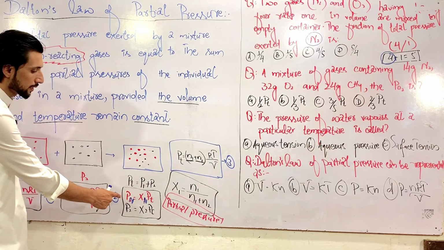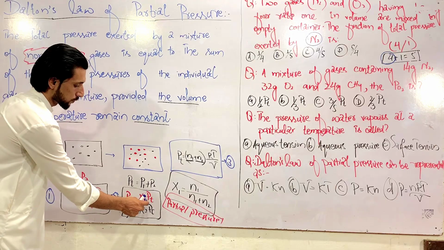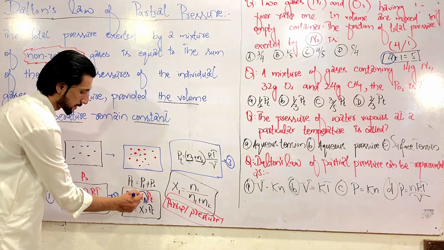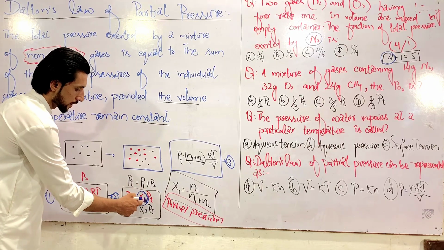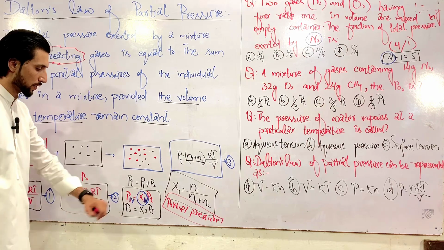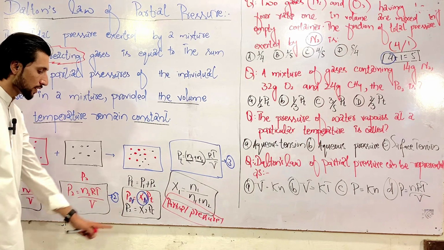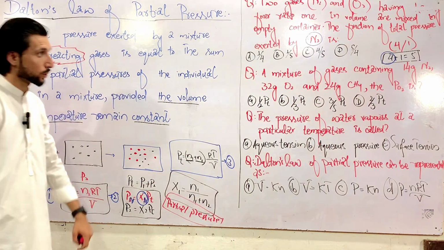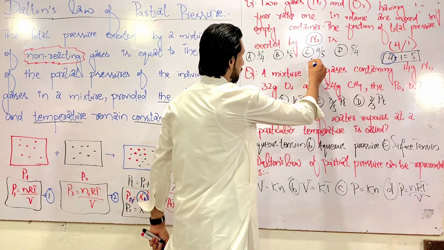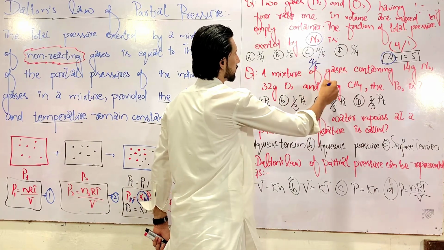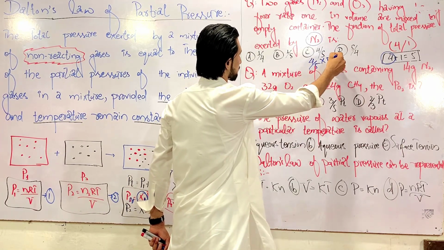So the pressure of nitrogen is directly proportional to its mole fraction. The mole fraction of nitrogen is 4 in 5, multiplied by Pt.